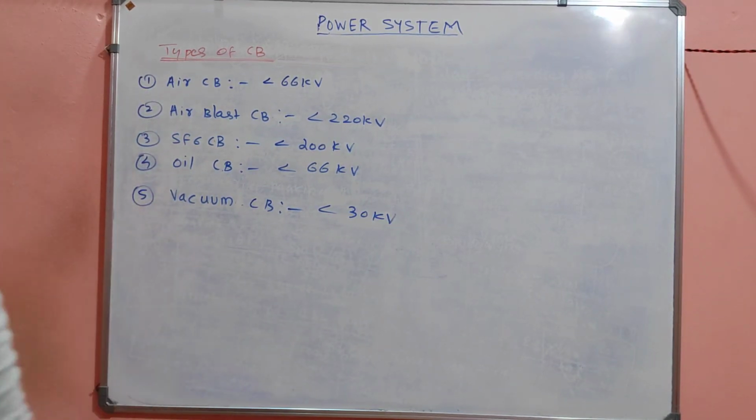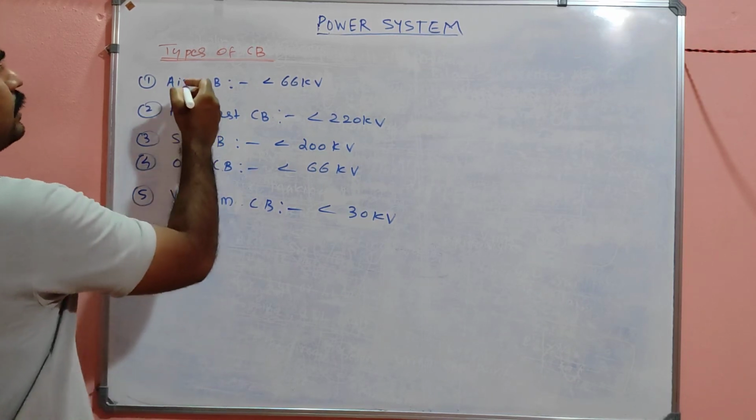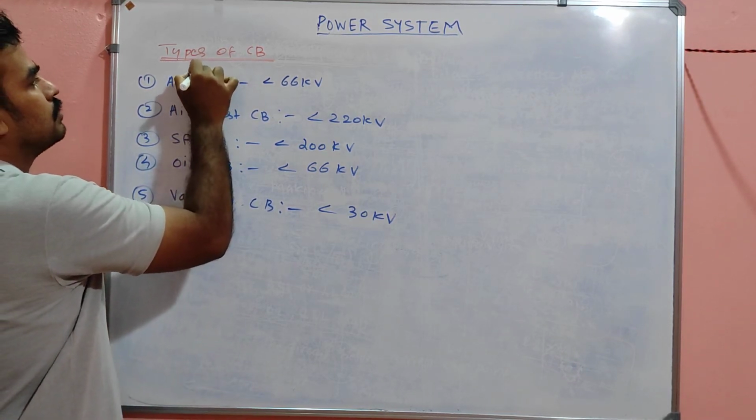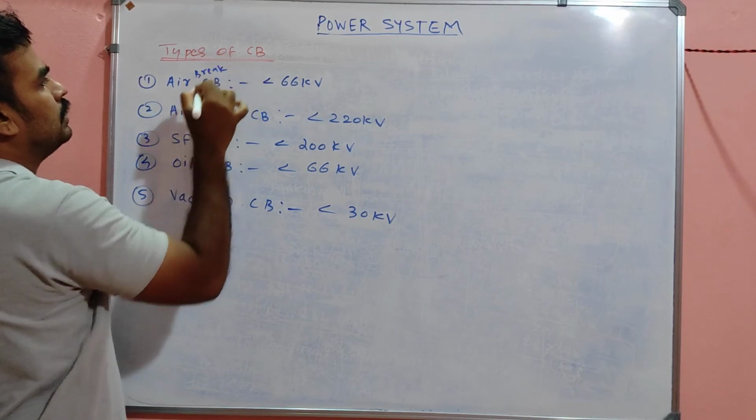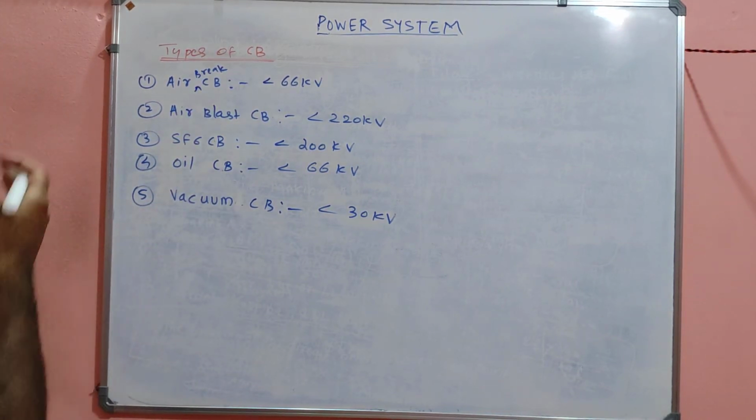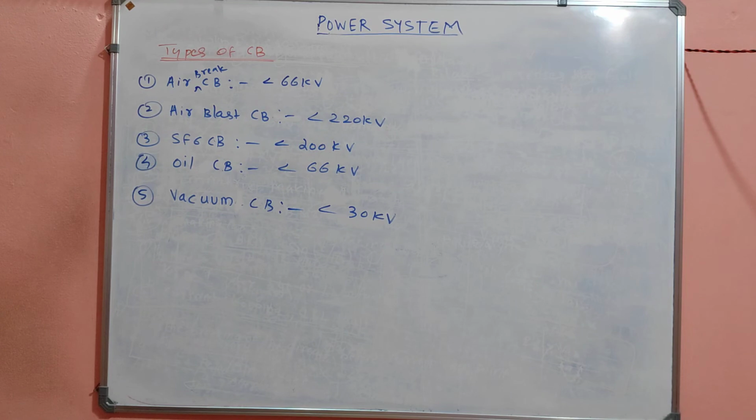So these are the important types of circuit breaker. Air circuit breaker, also called air brake circuit breaker, next one air blast circuit breaker, and this is SF6 circuit breaker, oil circuit breaker, and vacuum circuit breaker.